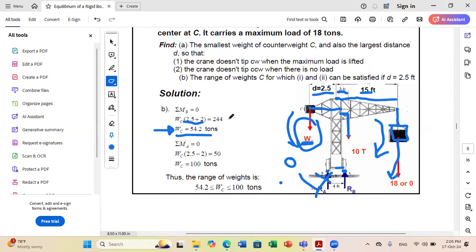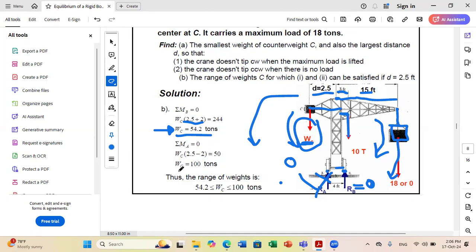Now I take the other extreme condition. If I have 0 load, now I have risk of tipping over in the counterclockwise direction. So I risk to lose contact with B. So then I put RB equal to 0, and the equation that will give me the maximum counterweight that I can put to not tip over is sum of moments about A equals 0.